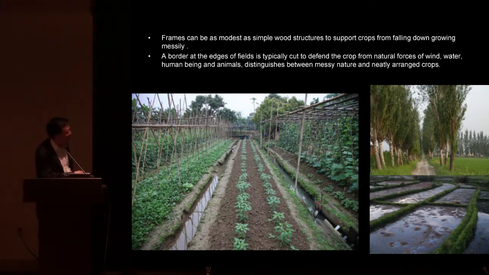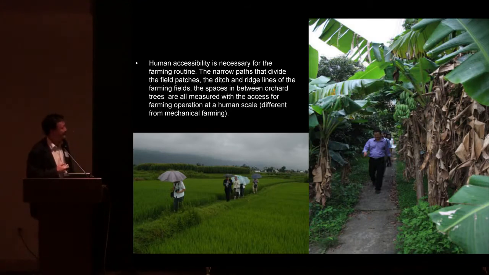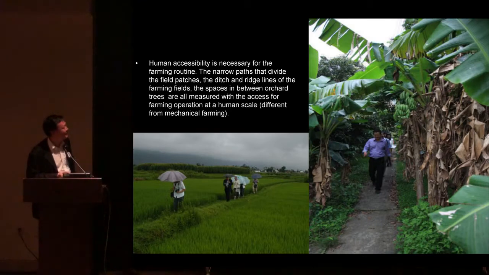The frames can be as modest as simple wood structures to support crops from falling down and growing messy. A border at the edge of a field is typically cut to define the crop from invasive forces, either human or nature.